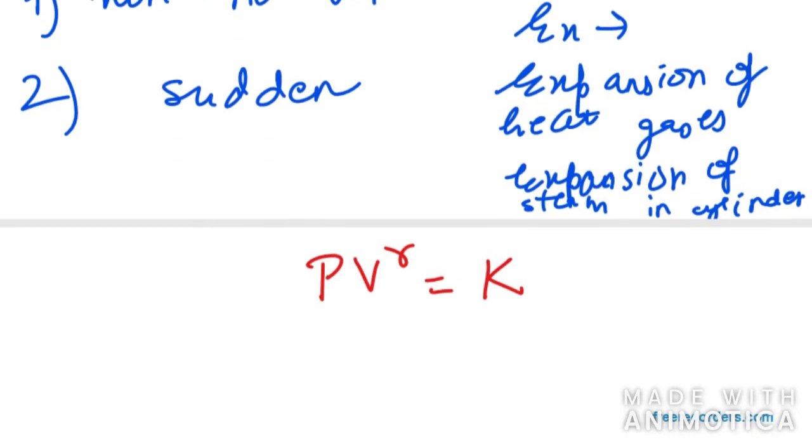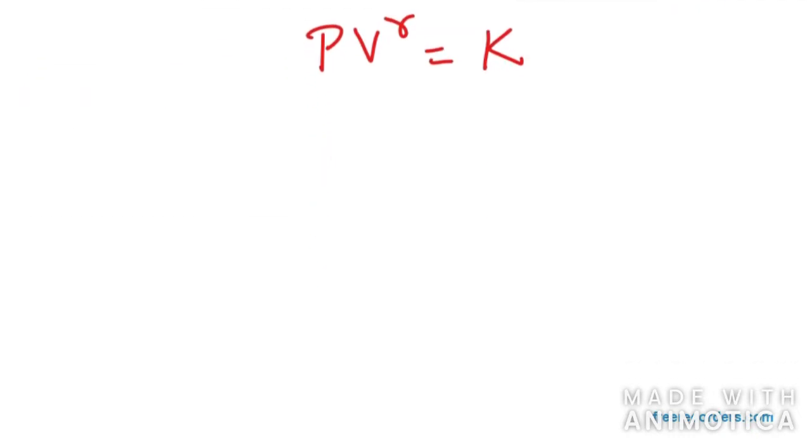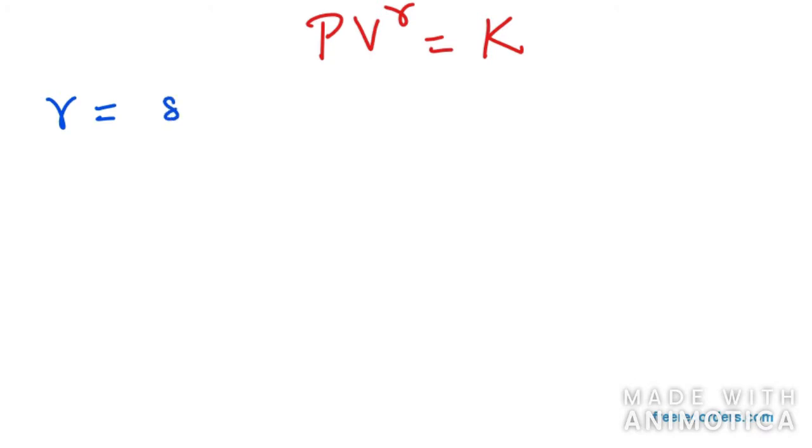Now the next is as you know that in ideal condition we have PV equal nRT. Now in this case we consider it as PV^gamma equal K, and gamma here is specific heat of gas at constant pressure over specific heat of the gas at constant volume.